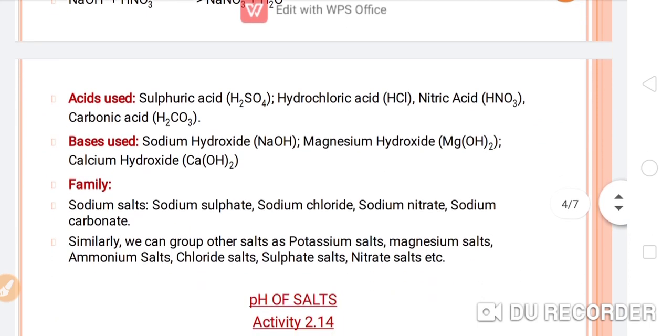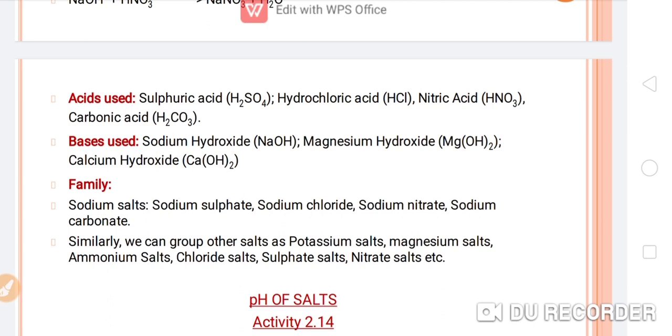Okay students, now next, acids used. Sulfuric acid, you can use if you have to form any sulfate salt like calcium sulfate, potassium sulfate, sodium sulfate. Hydrochloric acid, suppose you have to form chloride salts like copper chloride, calcium chloride, magnesium chloride.